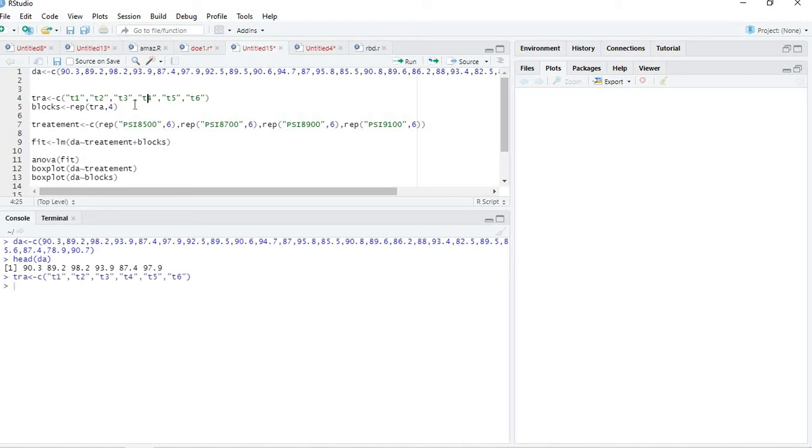You need to arrange data like this, otherwise you can prepare a CSV file like this. When preparing the CSV file, you need to be careful about where the blocks will come and where the treatments come. Everything we need to create either in table form or in CSV format. See, this is my blocks, then we have treatments.